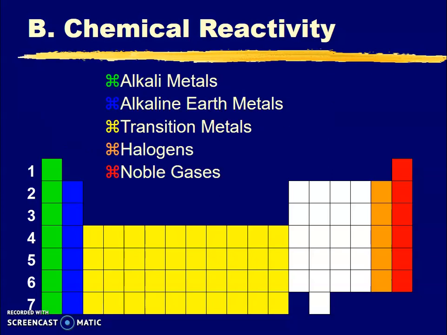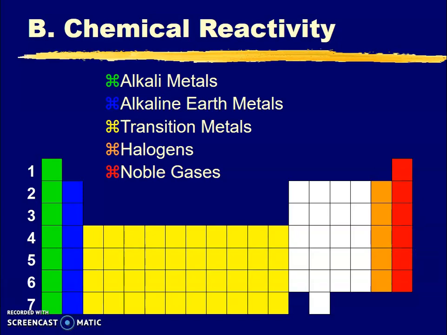Some of them have their very own names. What I have colored in green are known as the alkali metals. The blue, which is the second family, are known as the alkaline earth metals. Yellow, which we saw in the previous lesson, transition metals. So that whole group is similar to one another. And then this next to last column are known as the halogens, and that very last column is known as the noble gases.